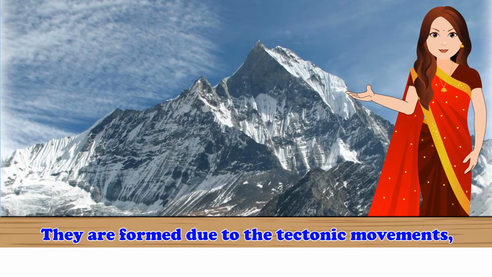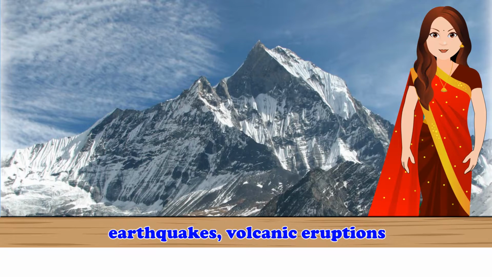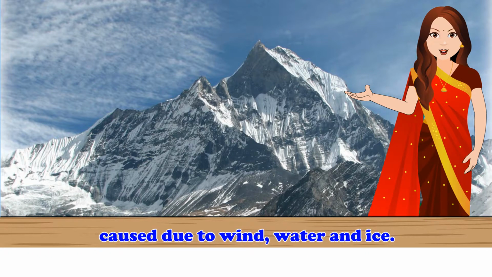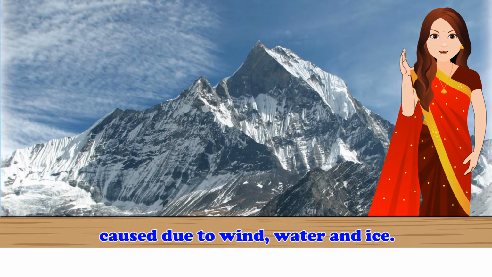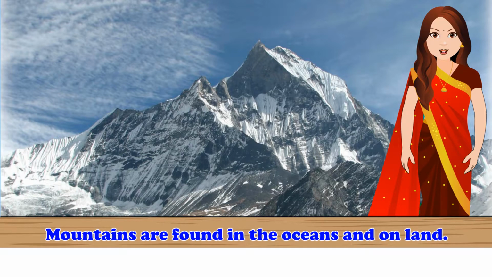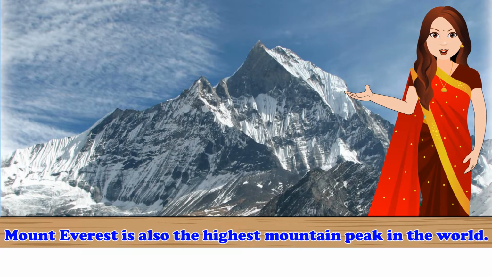They are formed due to tectonic movements, earthquakes, volcanic eruptions, and erosion of the surrounding areas caused by wind, water, and ice. Mountains are found in the oceans and on land. Mount Everest is the highest mountain peak in the world.